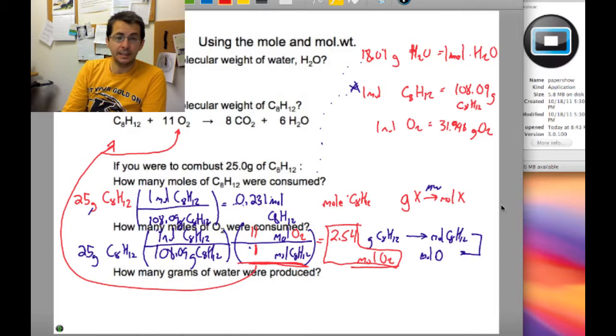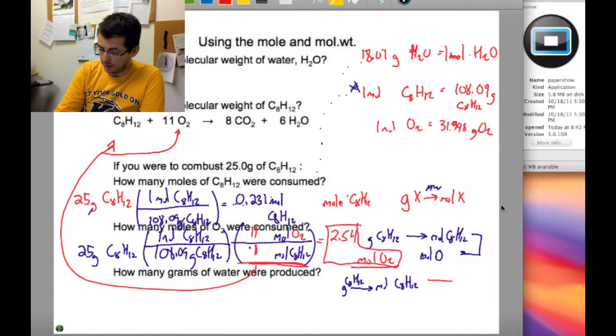Now lastly, they're asking us how many grams of water. This problem starts with a gram to mole, grams of C8H12 being converted into moles of C8H12. Again, using our formula.